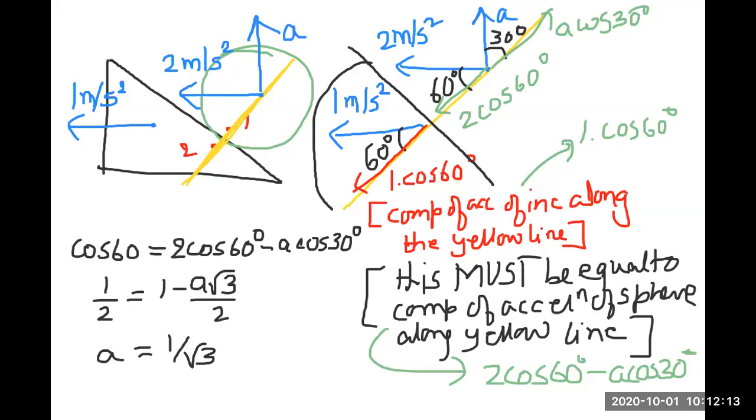So the acceleration of the sphere along the yellow line must be the sum of components of acceleration which I have already drawn along the yellow line. तो ये जो रेड एरो बनाया है मैंने, this is the acceleration of the inclined along the yellow line, और ये जो मैंने ग्रीन बनाया है, this is the acceleration of the sphere along the yellow line.